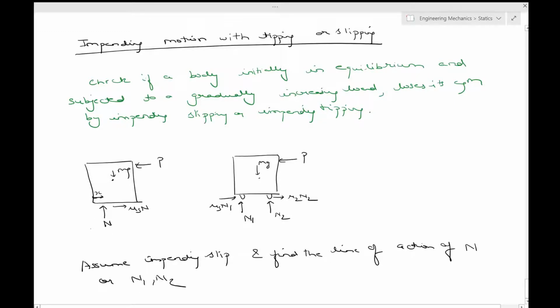So in this case you assume impending slip and then find at what position x the force N acts, or what the values of N1 and N2 are. So these are two separate problems. This is, say, A and B.